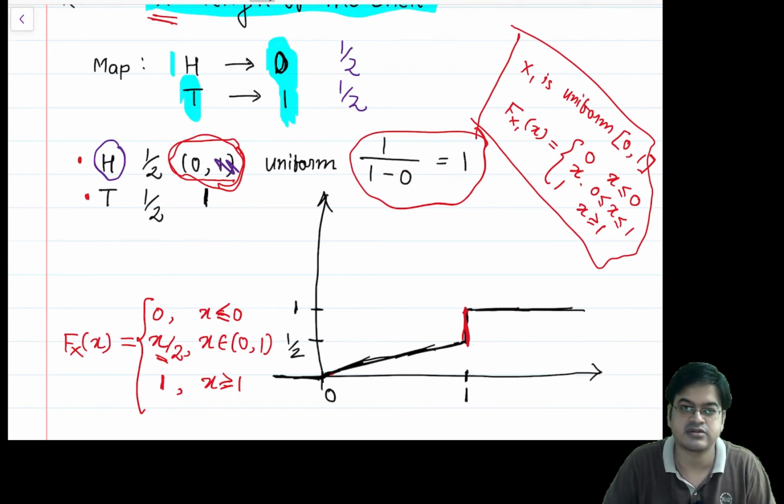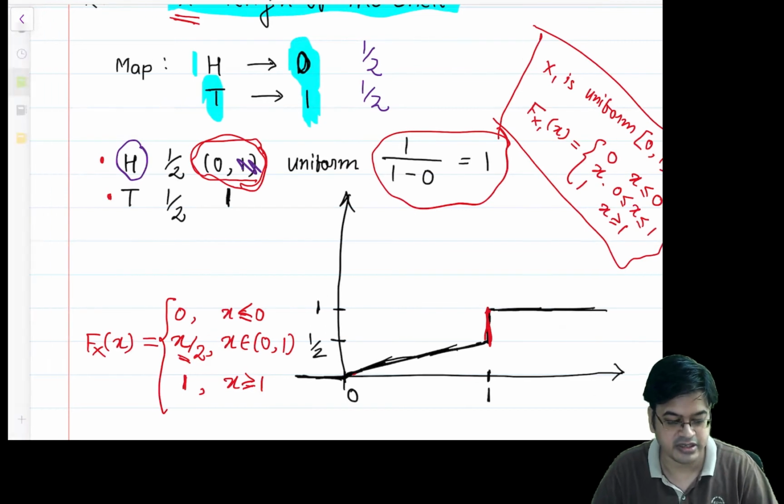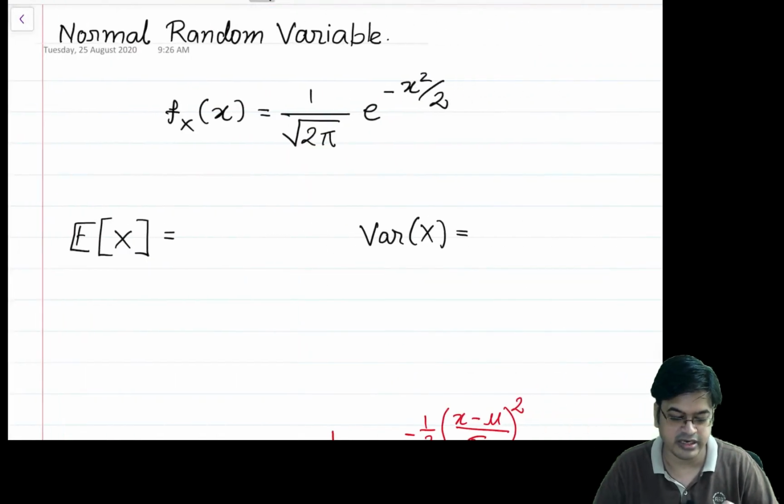We will not ask any question on mixed random variables in the exam, but you should know for your reference that these kinds of random variables also occur in nature. Let us go to the next topic in this module, that is the normal random variable.